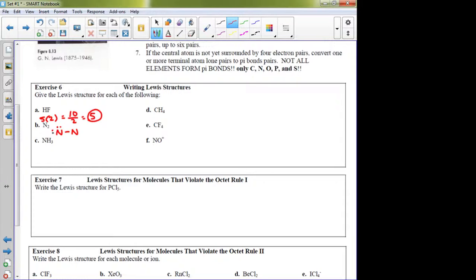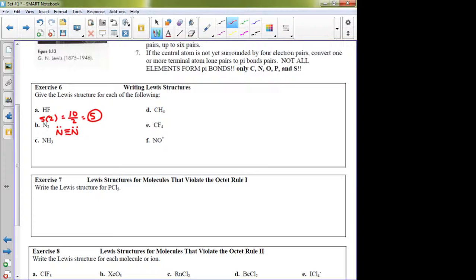Then I'd give them their pairs to satisfy the octet rule, but then I see that there's a problem with that. Why is there a problem with this? Because I've got 1, 2, 3, 4, 5, 6, 7. Okay? So that means I have how many pairs too many? 2. So I'm going to take this single bond and add 1, 2, and make it a triple bond, which means then I need to erase these outside electrons.